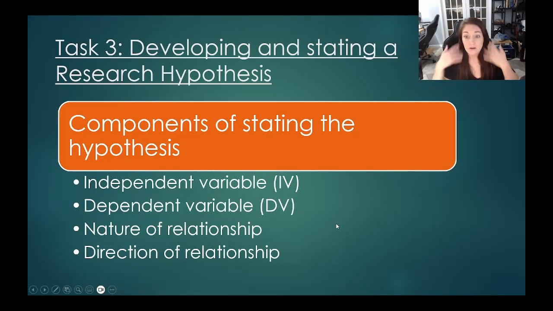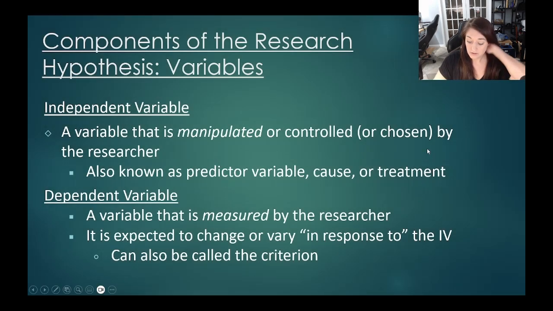Okay. So now that you know what a variable is, the components of stating the hypothesis are made up of, of course, the independent variable, the dependent variable, and the nature of the relationship. Now, this could include the direction of the relationship, but it doesn't always. So, quickly, because you should be familiar with independent and dependent variables, the independent variable is the one that is manipulated.